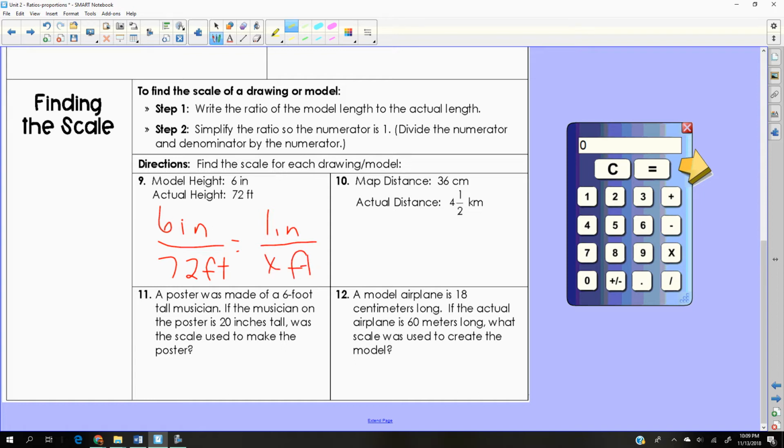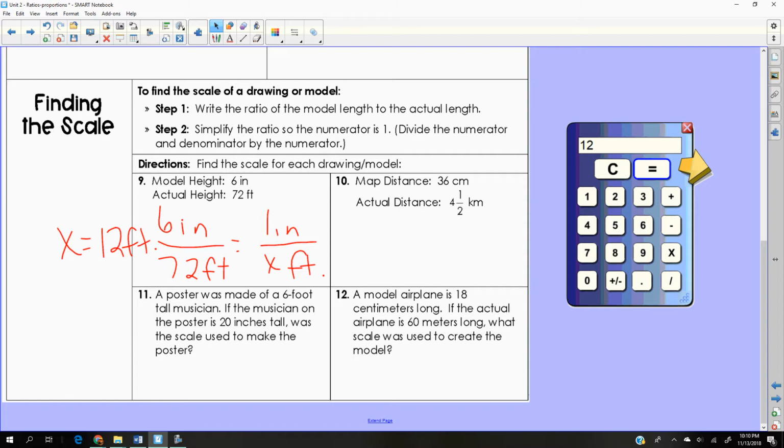I wrote this a little too big. All right, so 72 times 1 is 72, and then 72 divided by 6, and we get 12. So x equals 12 feet.